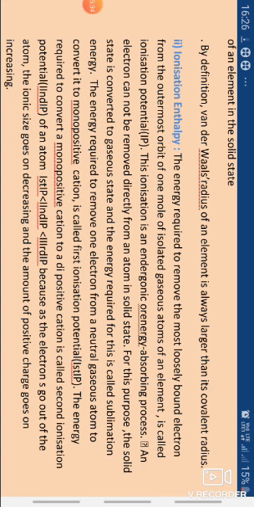The energy required to remove the most loosely bound electron from the outermost orbit of 1 mole of isolated gaseous atoms of an element is called ionization potential, ionization enthalpy, or ionization energy. You can say any of these three. It is the amount of energy required to remove an electron from 1 mole of an atom in its gaseous state.